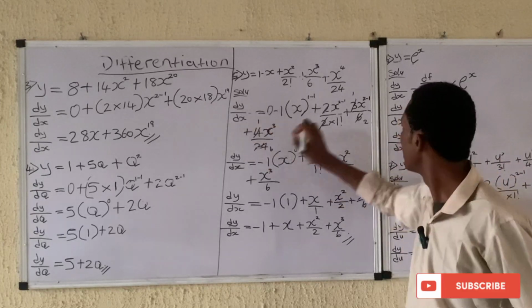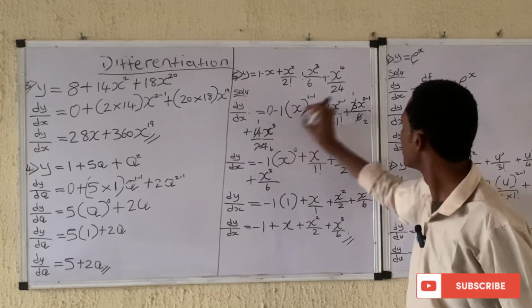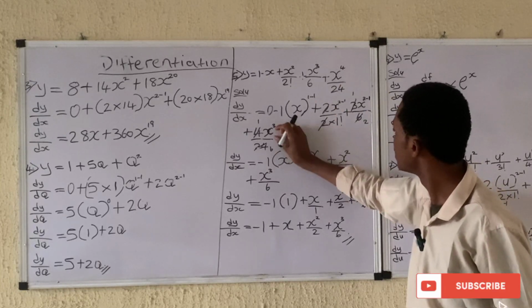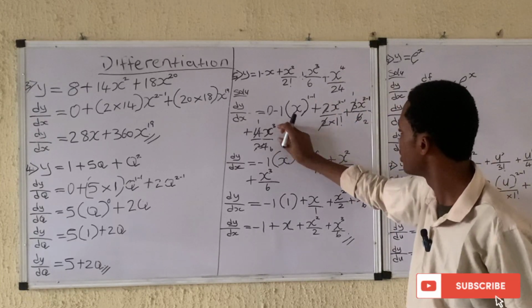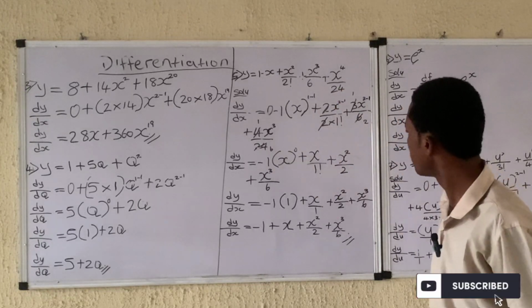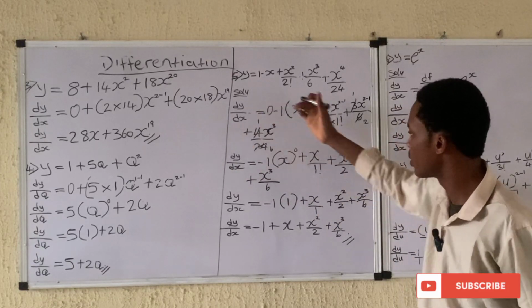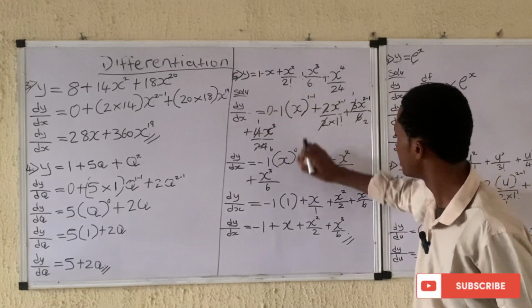Now plus, x to the power 4. Bring the power here, which is 4. Remove 1 from the power to give you 3, all over 24. Now, dy dx equals, this 0 is already out of the equation, leaving us with minus 1.